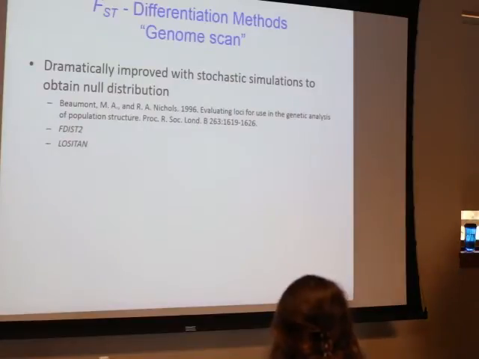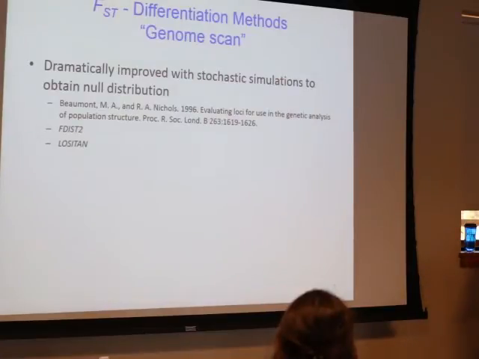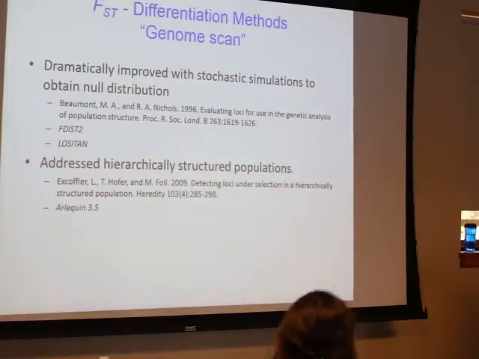So Tiago wrote a very cool Java program called Lositan to implement the FDIST approach and Beaumont Nichols. He was just telling me people are using that all the time, and the reason is what Gordon talked about: it's a first pass to look at what are the outlier markers.